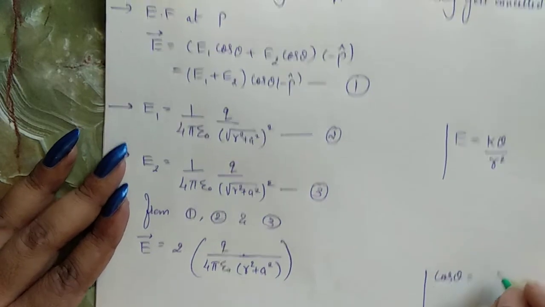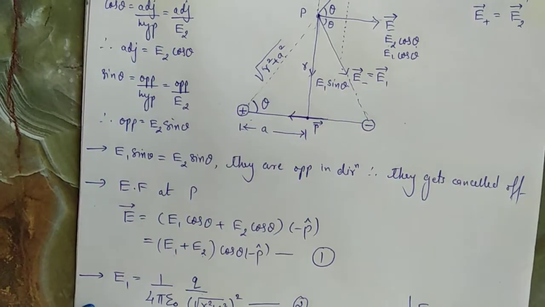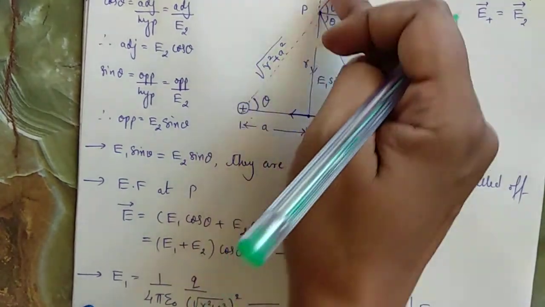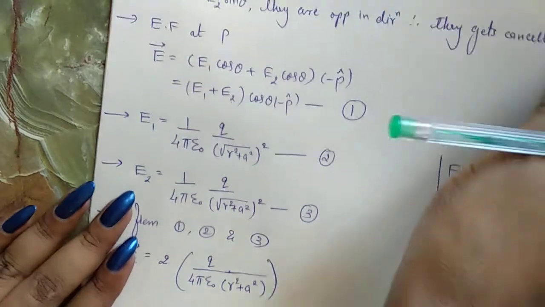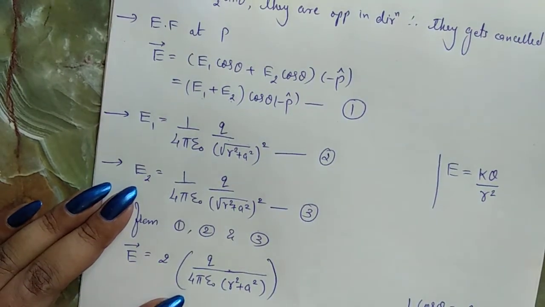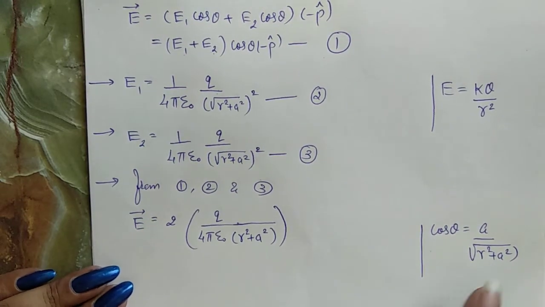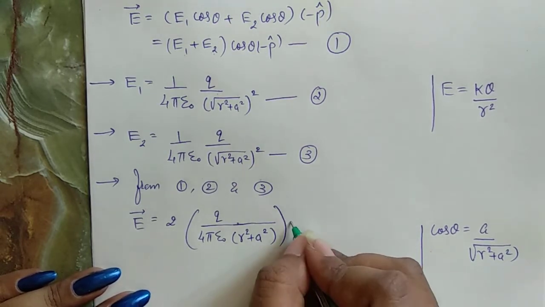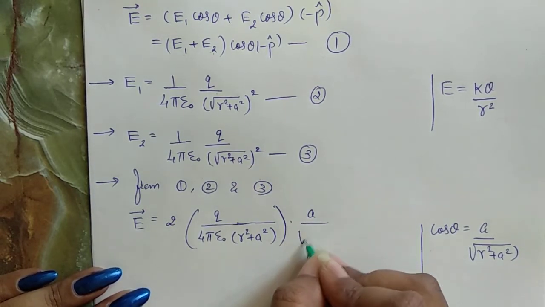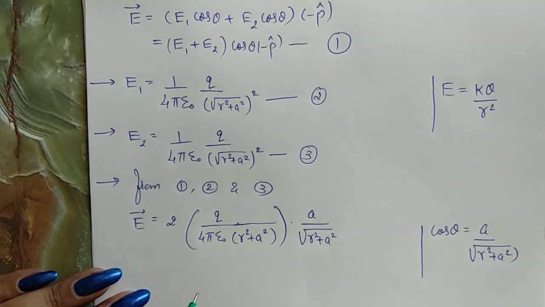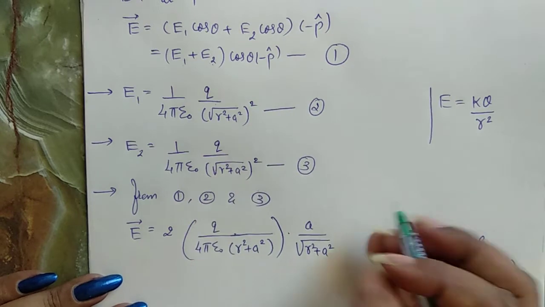Cos theta is equal to, just see what is the adjacent side, it is A, divided by what is the hypotenuse, it is under root R square plus A square. So now I'll substitute this value of cos theta over here. So I'm going to get A upon under root R square plus A square, and this minus P cap as it is.